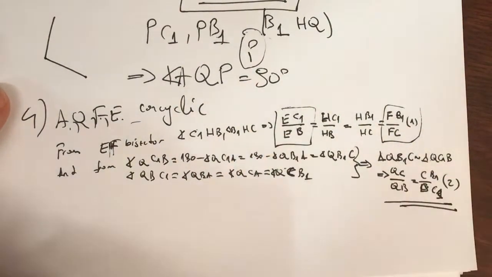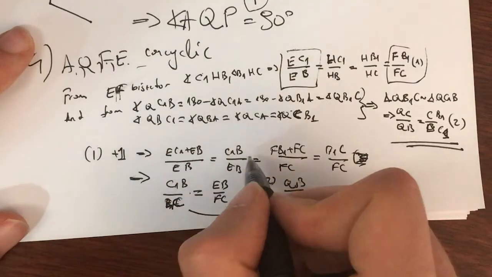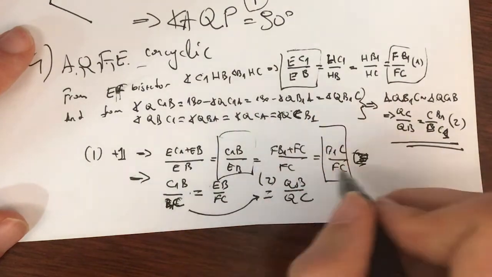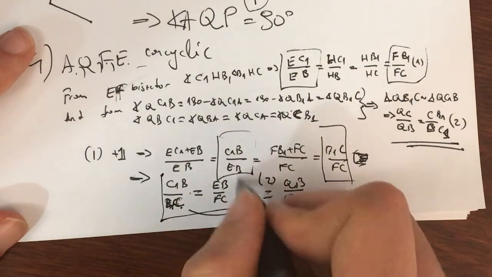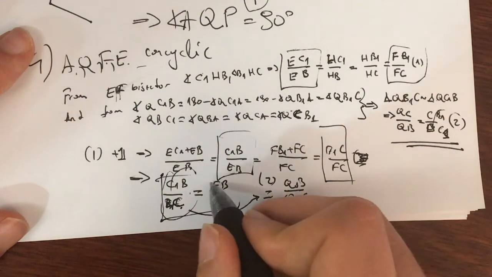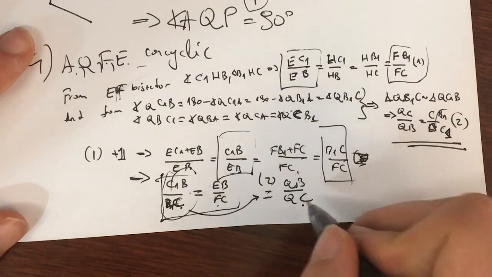Now we combine these two. From the first, once we add 1, we get C1B over EB equals B1C over FC. Equating the two and substituting for what we had in the second, we get EB over FC equals QB over QC.